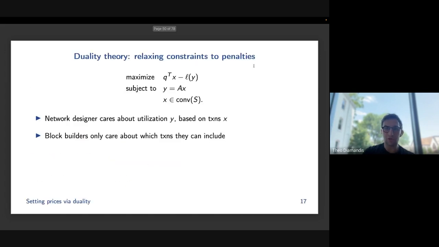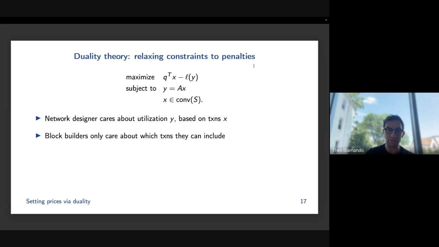Cool. At a very high level, duality theory gives us tools to relax constraints in problems into penalties. And then if we correctly set the penalties, by solving this relaxed problem, we actually solve the original problem. One thing to notice here is that the network designer cares about the resource utilization, which is Y, which is based on the transactions X, but the network designer doesn't necessarily care about the transactions X directly.